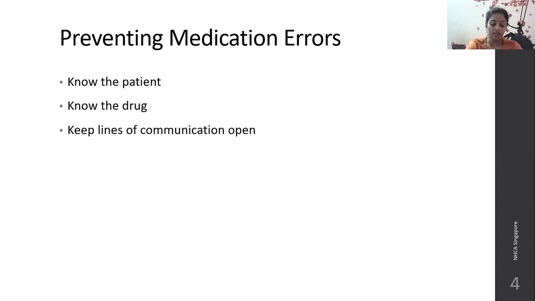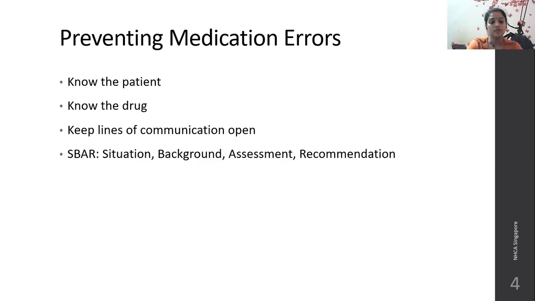Keep the lines of communication open between all the physicians, nurses, and other members of the healthcare team. Situation, background, assessment, and recommendation is done. For example, a situation: a patient is suffering from chest pain. When you did the background check, the patient had undergone hip replacement surgery, but he is having unrelated chest pain.